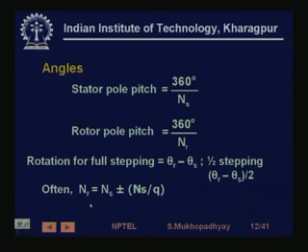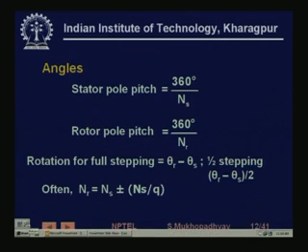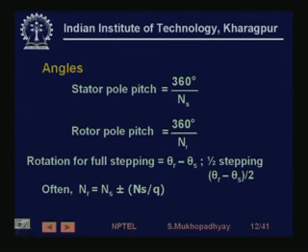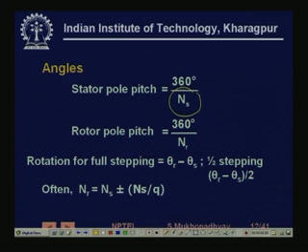And we can understand that if you have ns number of stator teeth, then each phase is separated from the other by 360 degree by ns. If you have nr rotor teeth, then the rotor tooth pitch is 360 degree by nr, and the rotation for full stepping is theta r minus theta s.